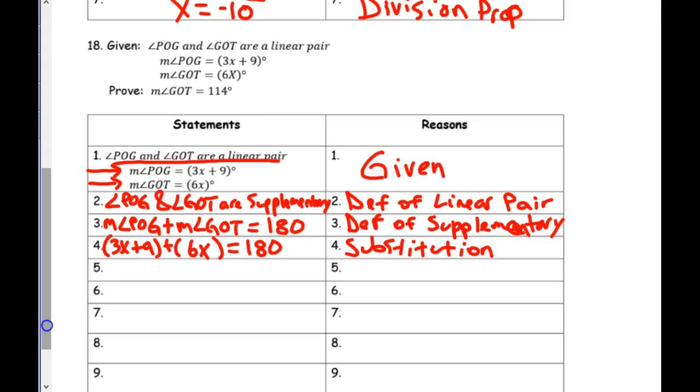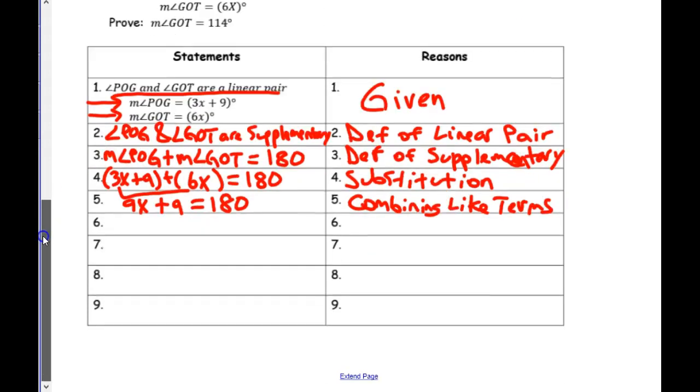Now, 3x and 6x I can combine to get 9x plus 9 equals 180. That's combining like terms. Got some algebra to do. Get rid of the plus 9 with the minus 9. So 9x equals 171 because of subtraction property.